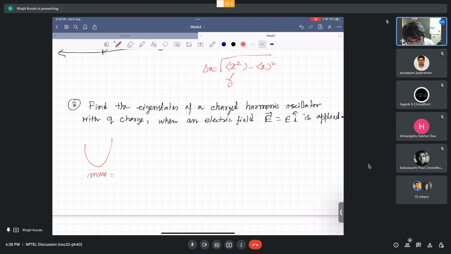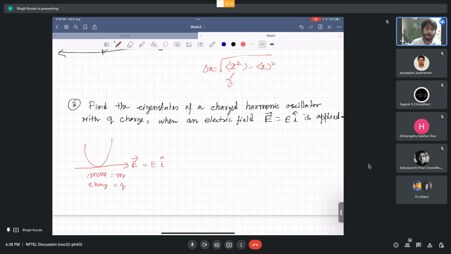Now I am telling you that it additionally has a charge, given by q. And I am saying that I am applying an electric field in this direction. This is a one dimensional problem, and my electric field is given by E i cap.